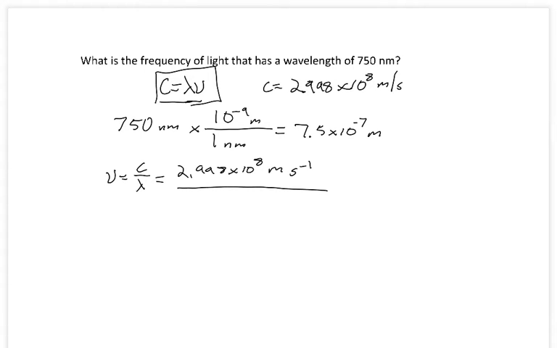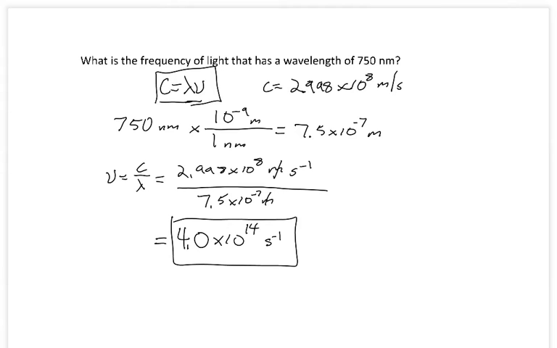Divide that by the wavelength. And my meters cancel out. And so my frequency comes out to be 4.0 times 10 to the 14, and it has units of seconds to the -1, or 1 over seconds. And that's what we would expect for units on frequency.